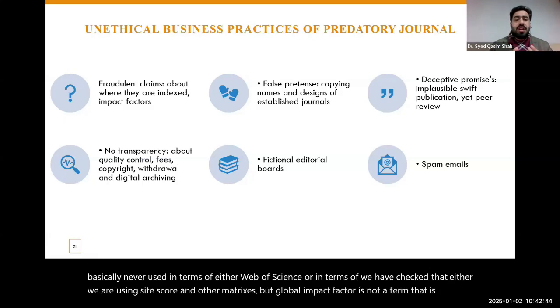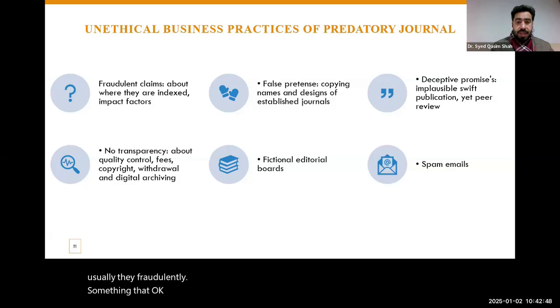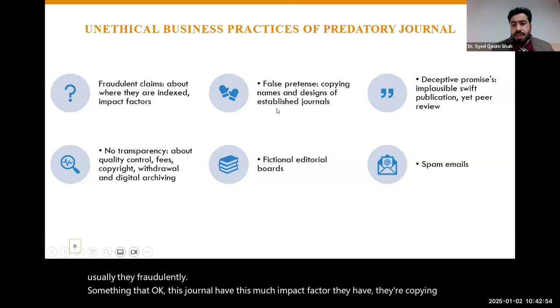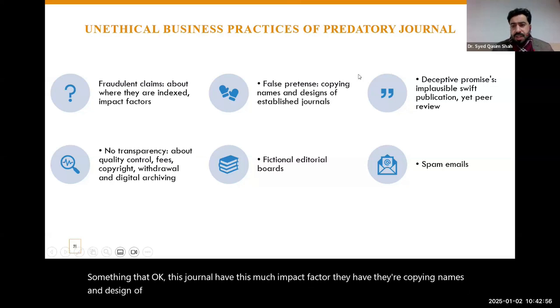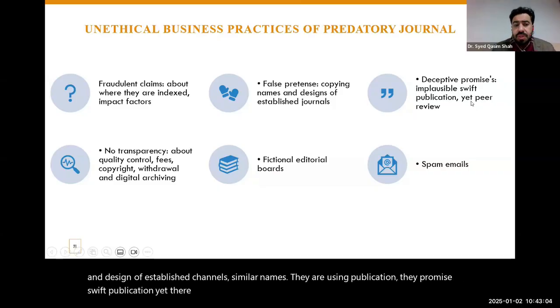So usually they fraudulently claim that this journal has this much impact factor. They copy names and designs of established journals, with similar names. They promise swift publication, yet there is no peer review.